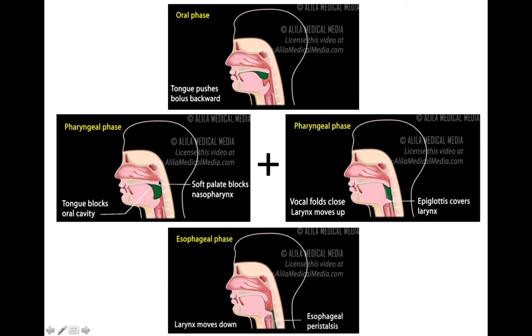We're going to seal off the opening to the nose, and then we're also going to seal off the opening to the trachea so that the only opening left is to go into the esophagus. The pharynx is going to come up so that it meets with this bolus, and peristalsis is going to push it into the esophagus, and then peristalsis will continue to push that down the esophagus into the stomach.